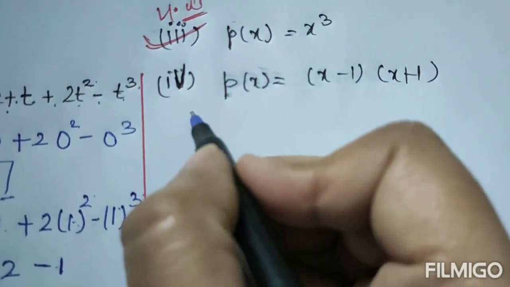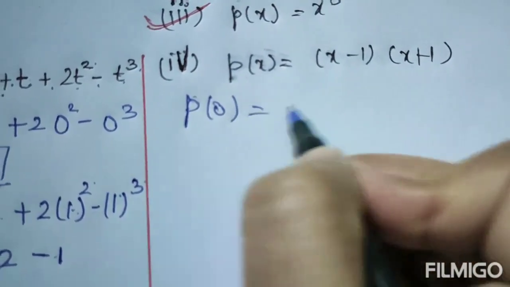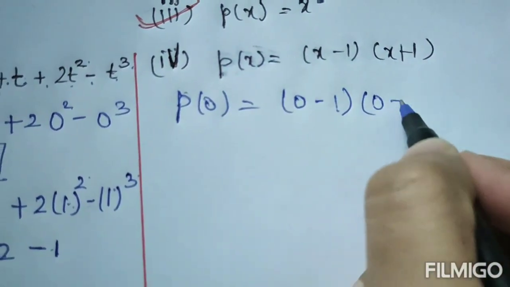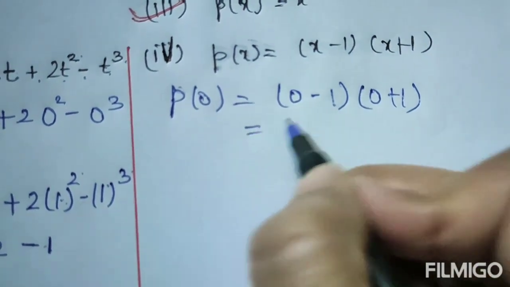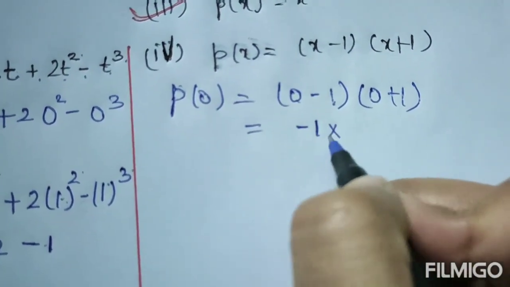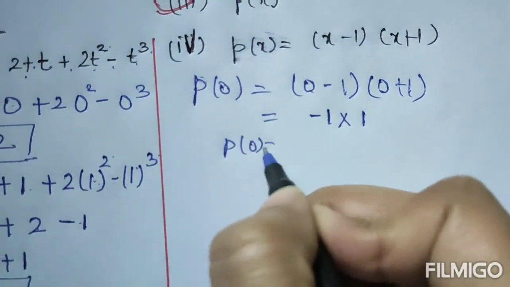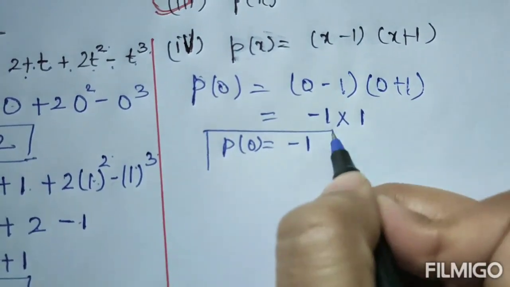Now the fourth part is, first you have to find for 0, it will be 0 minus 1 multiplied by 0 plus 1. So check, 0 minus 1 is minus 1, 0 plus 1 is 1, therefore p of 0 will be equal to minus 1.